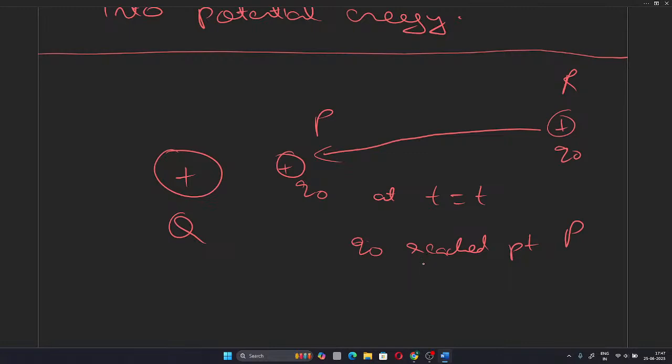Basically I'm saying that we successfully moved Q naught charge from R to P, and this happened at time t equals, let's assume not t but t1.